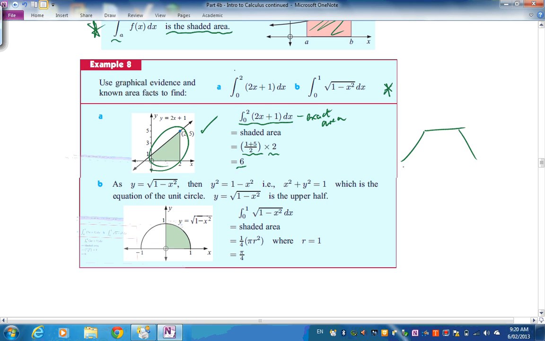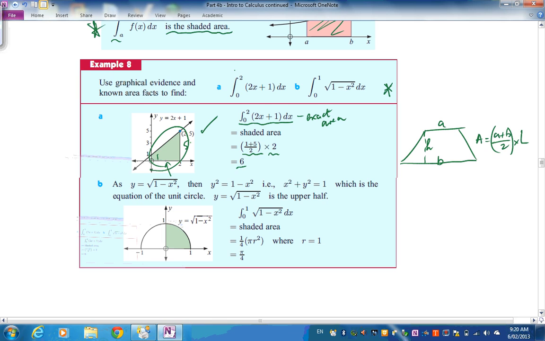Area of a trapezium, A, B, and then you multiply by the height. So the area is A plus B on 2 times H, and we're thinking about that as a trapezium. The top is 1, the bottom is 5, divide by 2, and then the vertical height is that 2 there. A plus B on 2 times H.